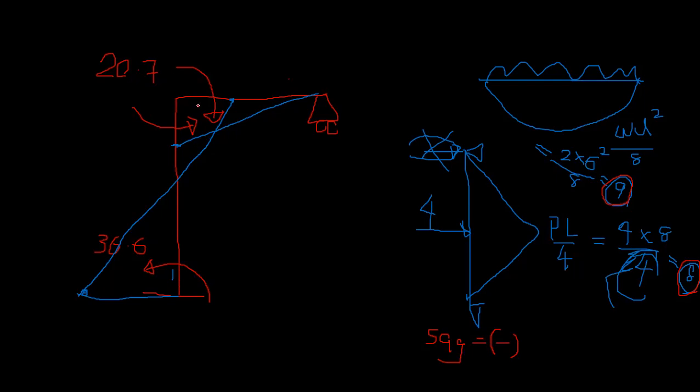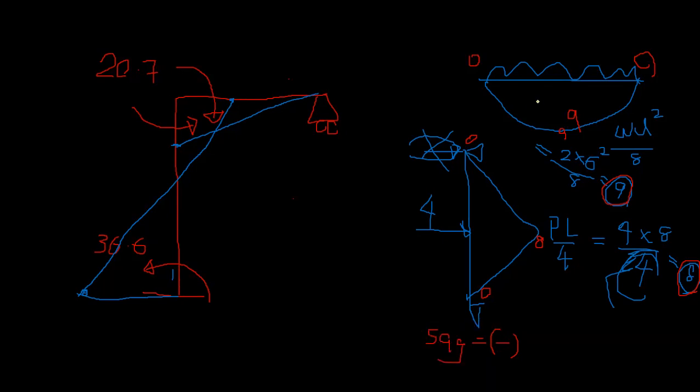So here you can see actually at the support you have sagging, but don't get confused with everything, right? So at the ends you have 0, here you have 9, at the ends you have 0, here you have 8. So you just need to go and replace this.